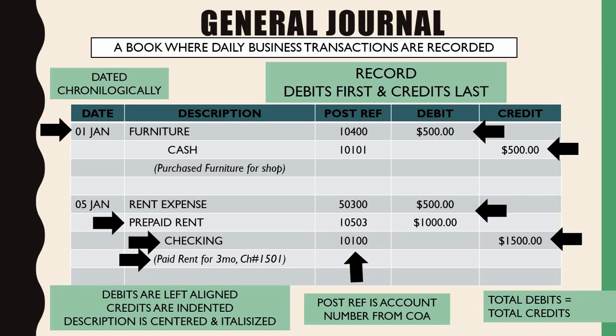And you can add as much detail as you'd like, as long as you have one criteria, okay? That is to have parentheses around your description. You can have it centered, you can have it italicized. The idea here is, as long as you have parentheses around them, that is your description.